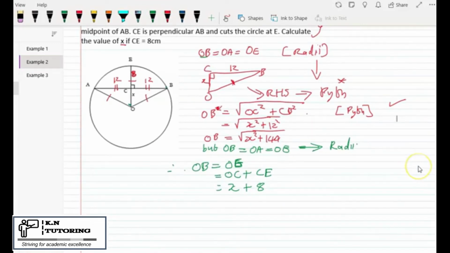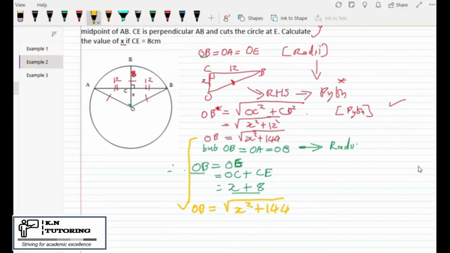I'm going to scroll down. So it means where I see OB, I can substitute x plus 8. So I will come here and I say OB is equal to the square root of x squared plus 144.